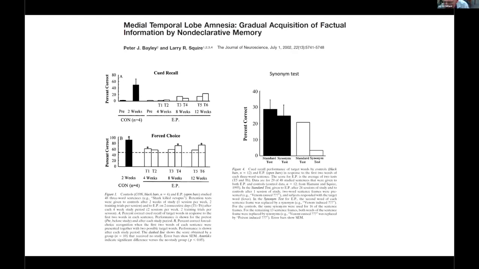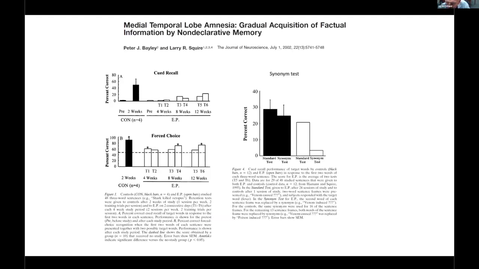So in this case, one of the items was "venom caused," and I'm not exactly sure what the correct answer to what the venom caused was, but there was some correct answer to that question. Fever, I guess, yeah, that's shown in the caption here.